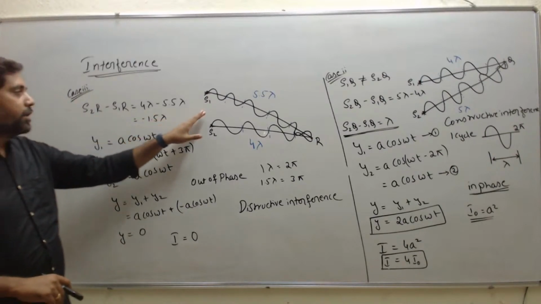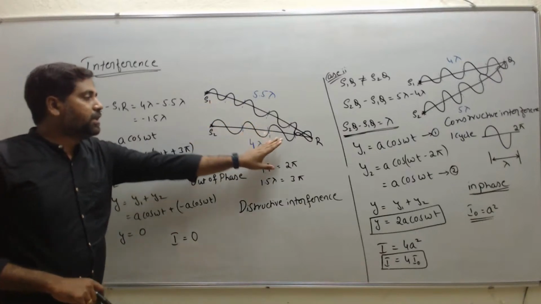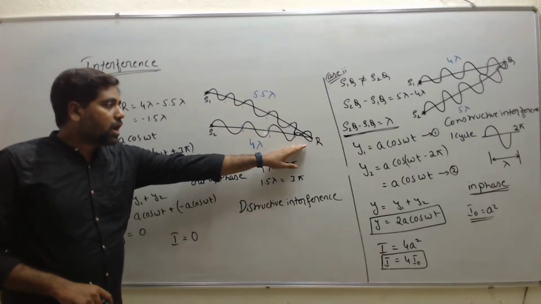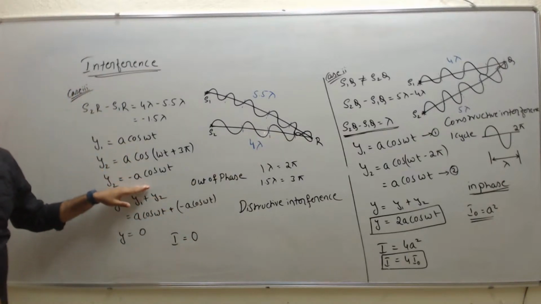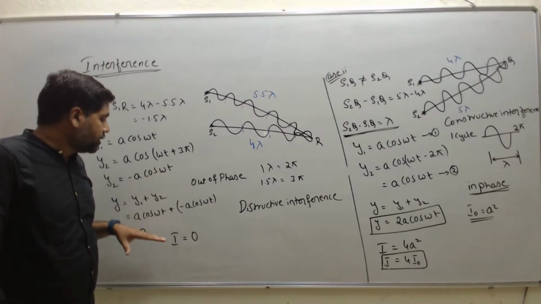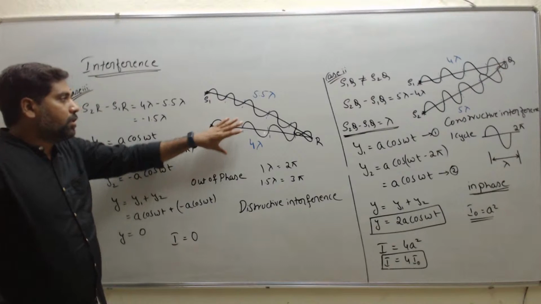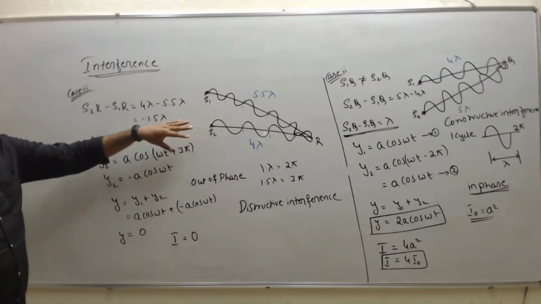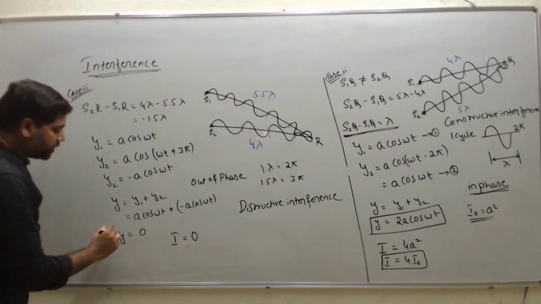Here also S2R is not equal to S1R because it is a certain distance from R, then the two waves are out of phase, which is not equal to in phase, right? They are vibrating opposite to one another, hence we get the resultant displacement as 0.